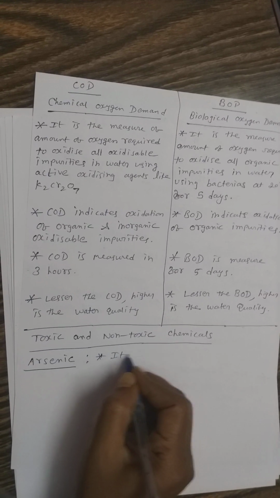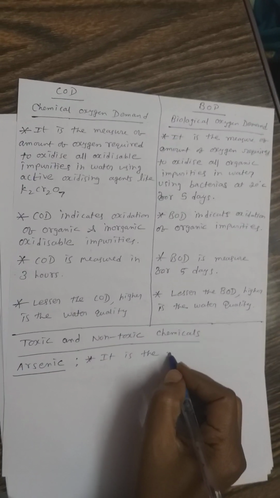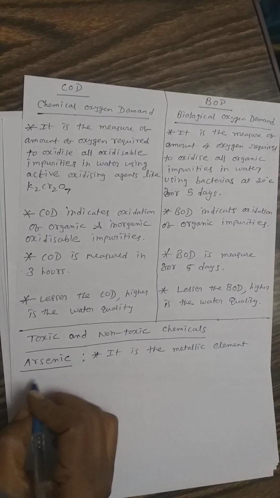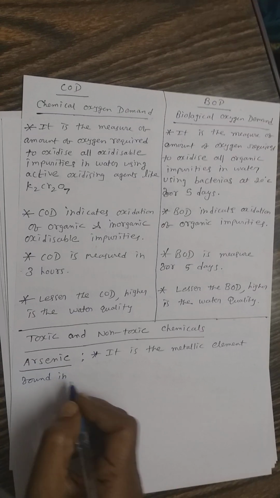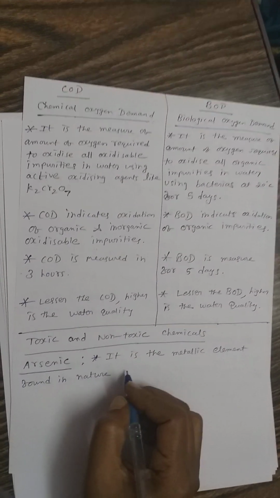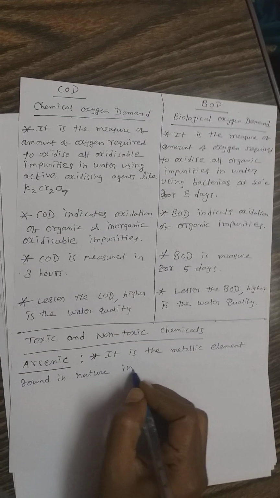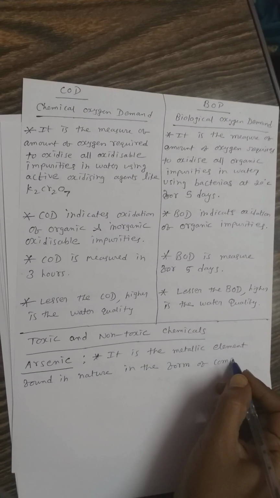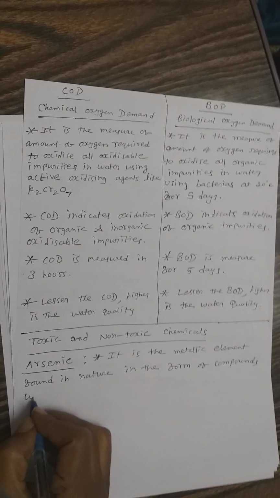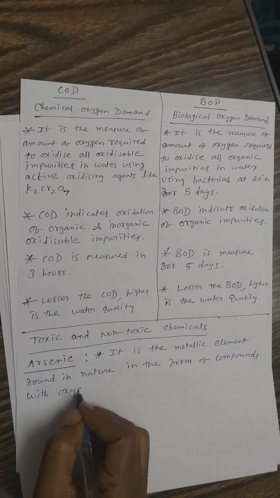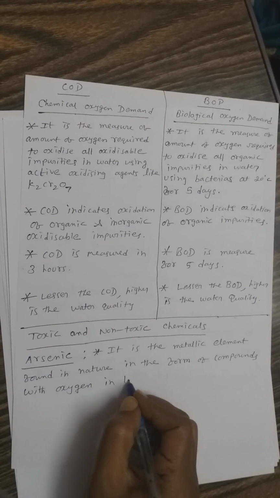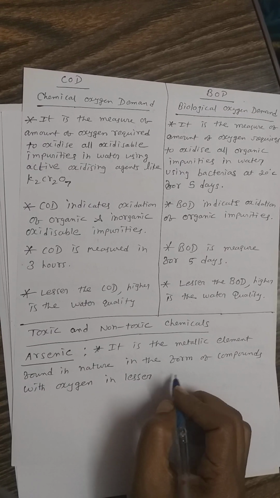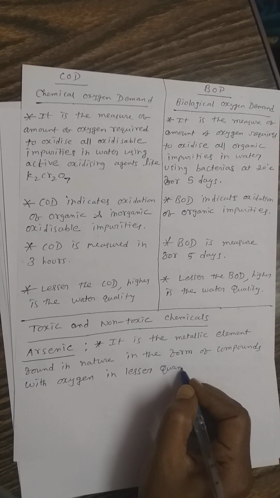Arsenic is a metallic element found in nature in the form of compounds with oxygen in lesser quantities. Arsenic compounds are not abundant, it is present only in lesser quantity in nature.